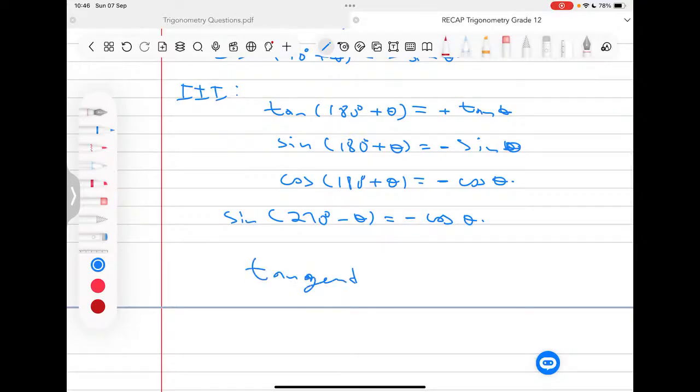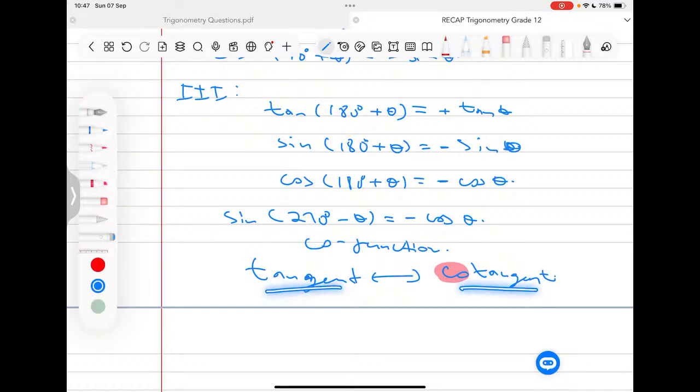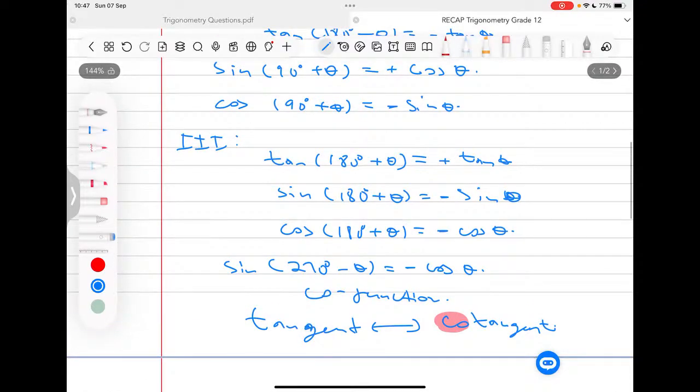If you look at the tangent, its co-function is cotangent. Again, you can see that in front of the name tangent, we put a co because they are co-functions to each other. So tangent and cotangent are co-functions. If you were to do a tan, it will change to a cot. If you are doing a cot, it will change to a tangent. But don't worry about that, because in grade 12, you don't really have to work with it.